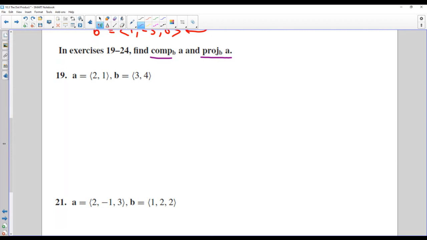Okay, so here are two vectors. I want to find the component and the projection. So I want the component of the vector A in the direction of B. Now, according to the rule, do you remember what the rule says?